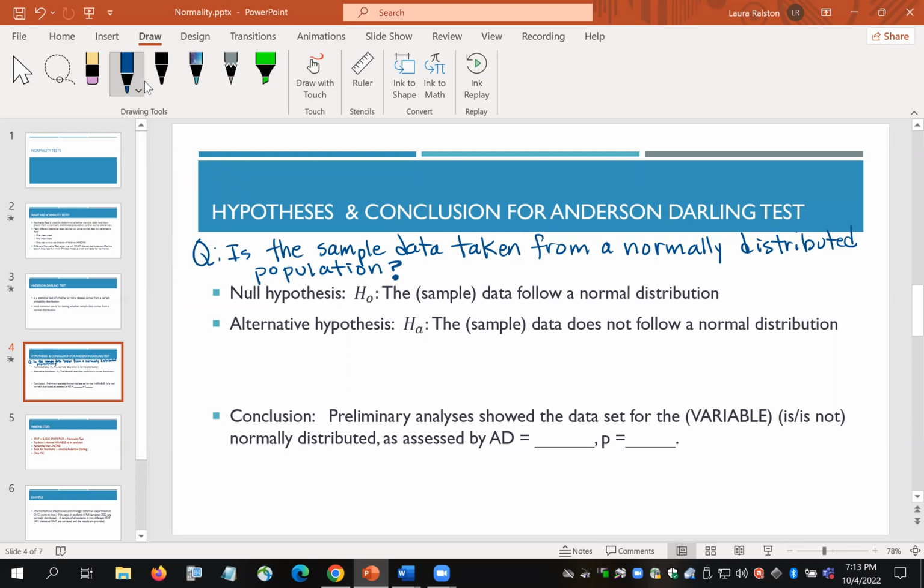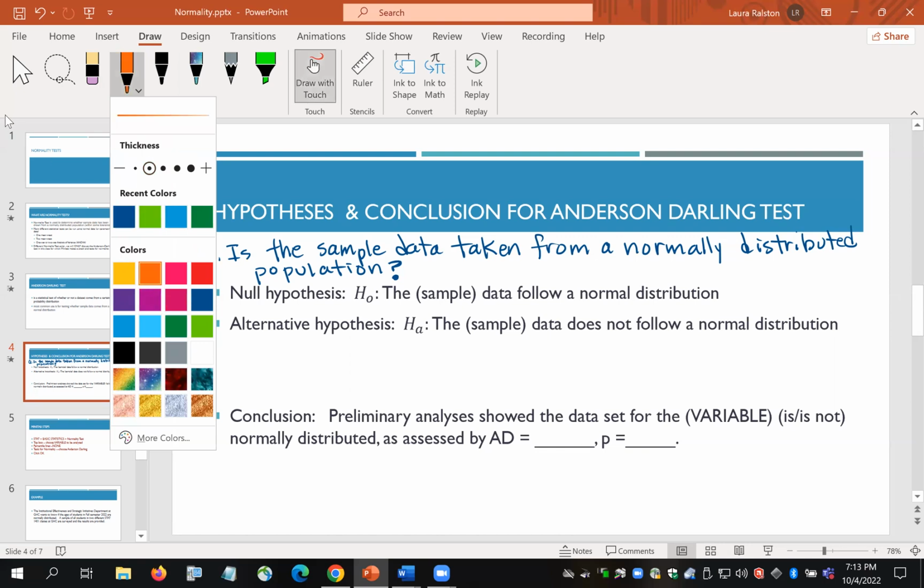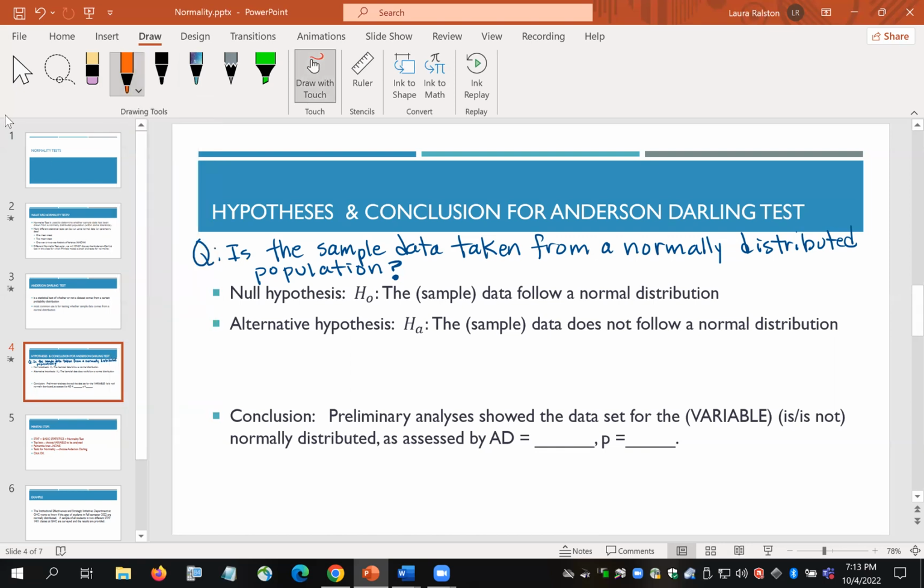And so our proposed answers, again written more formally, the null hypothesis would be like saying yes. And so we say the sample data or the data follow or equal a normal distribution. The alternative would be like saying no, and we say the data does not follow, which would imply not equal, a normal distribution.